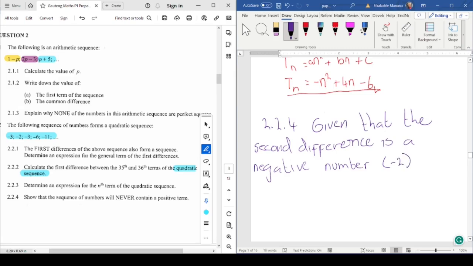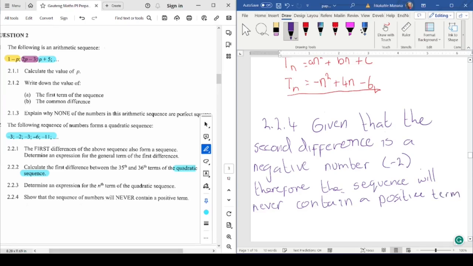Therefore, the sequence will never contain a positive term, especially considering that it started on a negative term.